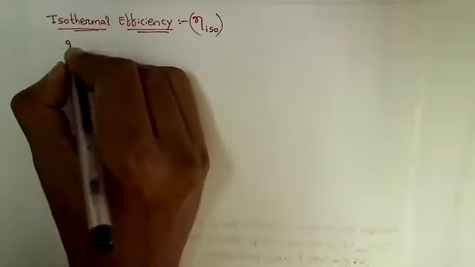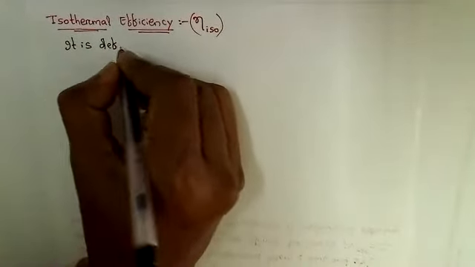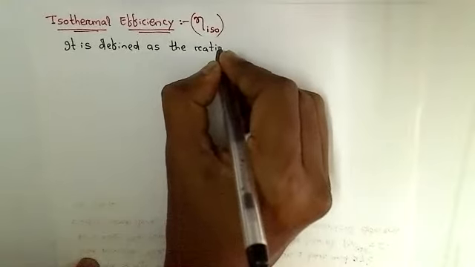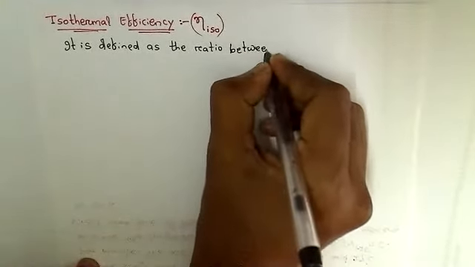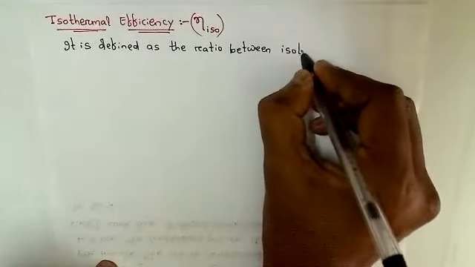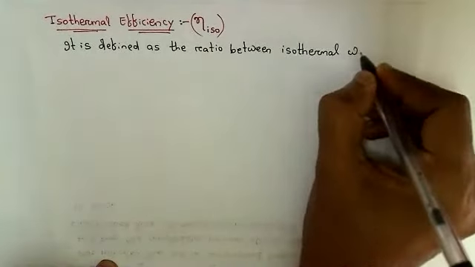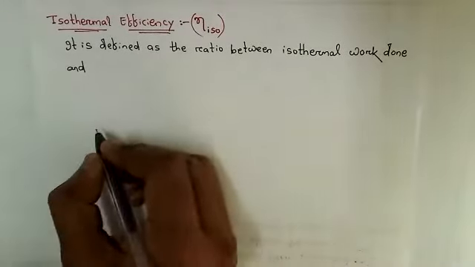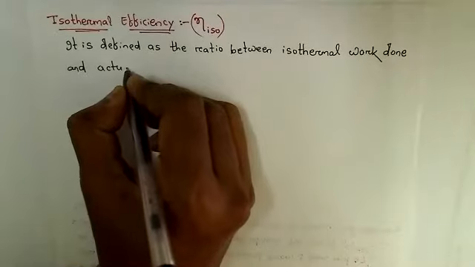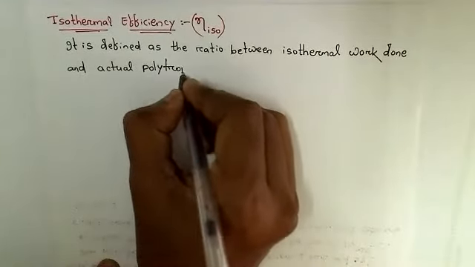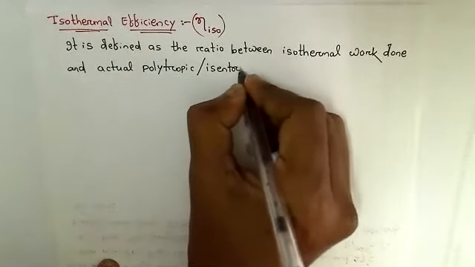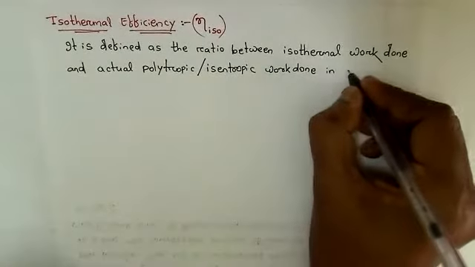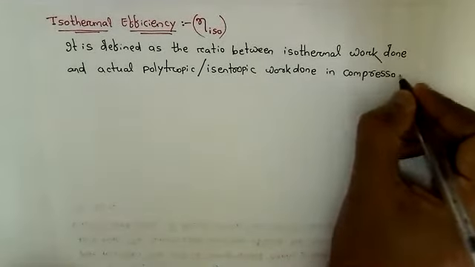The formula I will tell you: it is defined as the ratio between isothermal work done and actual polytropic or isentropic work done in a compressor.